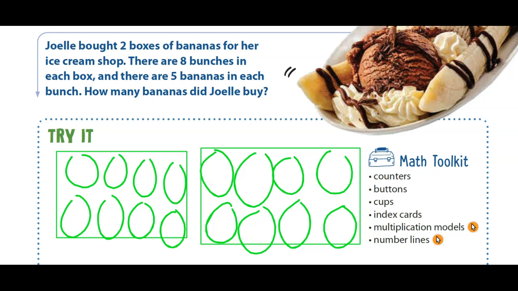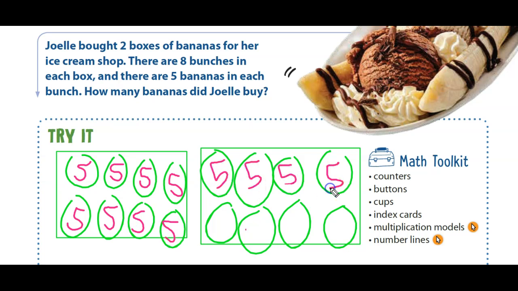So there are 5 bananas here, 5 here, and so on. So there are 5 bananas in each bunch.